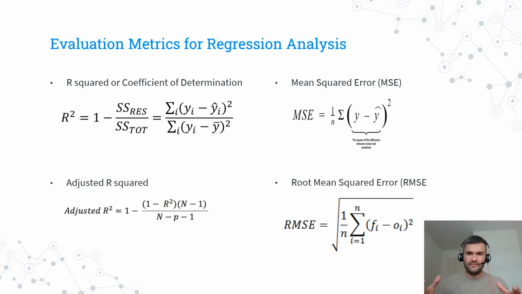So how do we evaluate our regression analysis? Model evaluation has to be done. It's probably the most important part of a machine learning pipeline. What I've got on screen at the minute is probably the 4 most common evaluation metrics for regression problems. I'm not going to go too much into the mathematics of each of these.